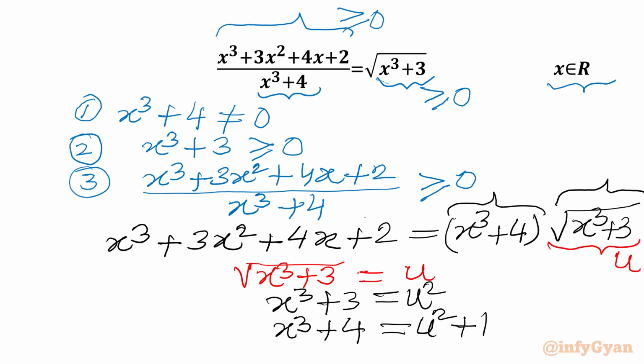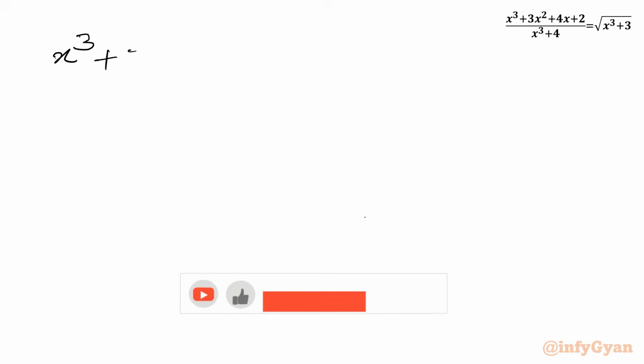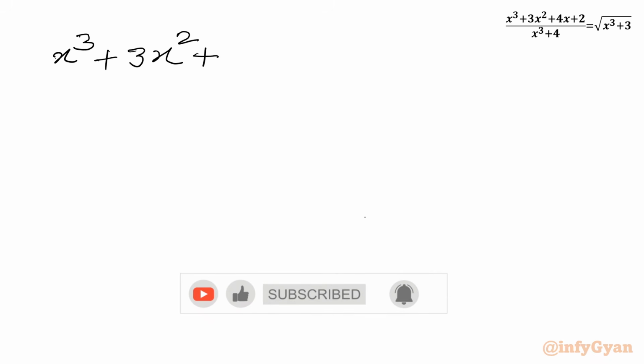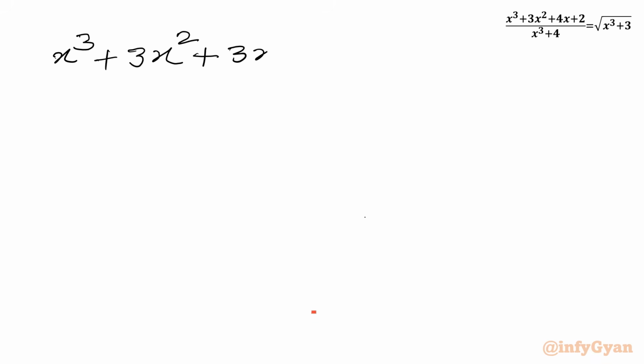And square root x cube plus 3 is substitution u. So we will write equation x cube plus 3x square plus 4x can be written as 3x plus x and 2 can be written as 1 plus 1.